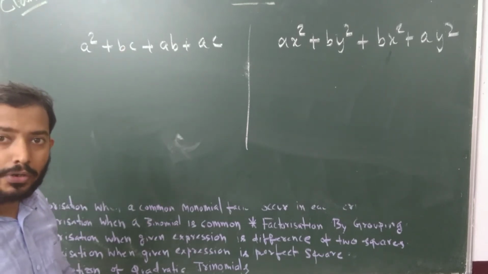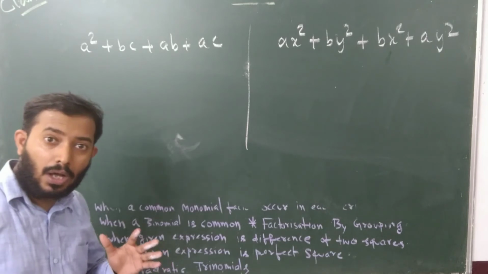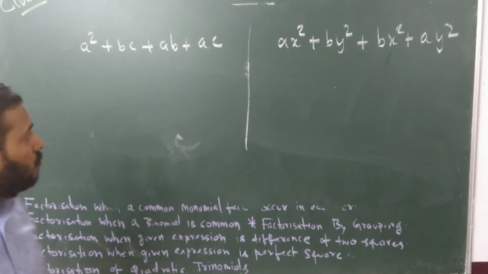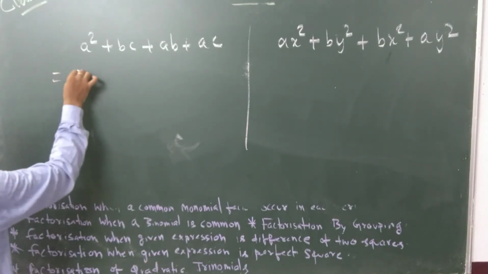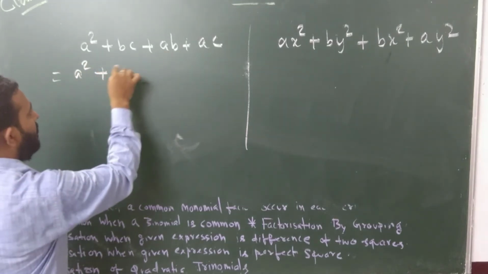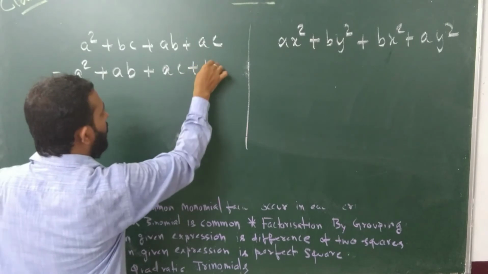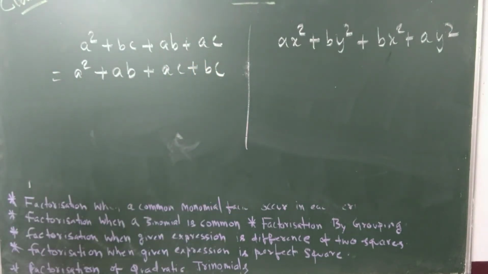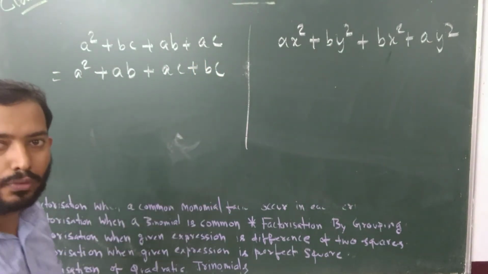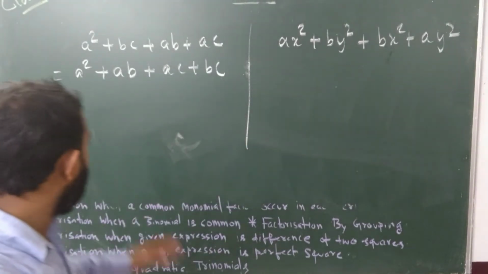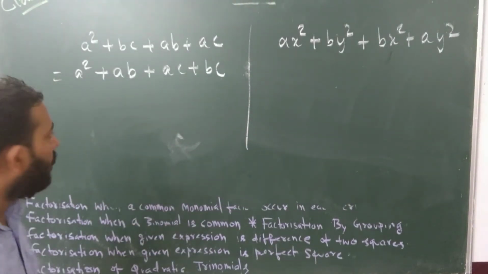It depends on you how you are going to take it. So let's see, if I take here a square and ab this side, and here ac plus bc, basically you can keep it like this. No problem. You can arrange according to your wish, as the commutative law is valid here.